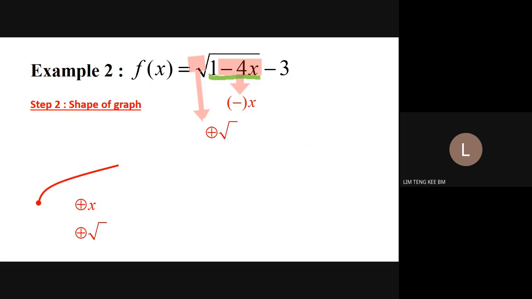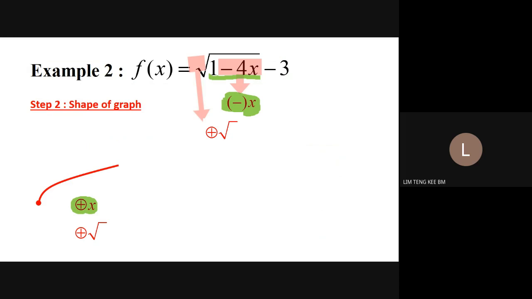This is the shape. So now what is the change I want to make is that from positive x, I want to have negative x. Or I should say the positive coefficient of x changes to negative coefficient of x. And what is the change that will happen on the graph?